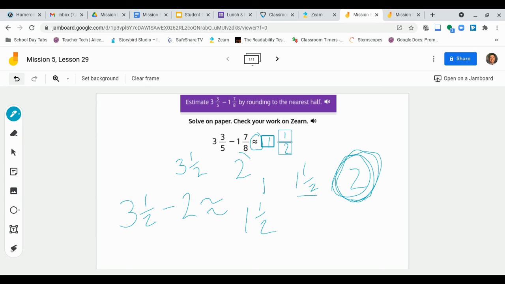For instance, if it was 4 1/4, we'd want to just round it down to 4, because we're not even at half yet. So again, do you round it down, do you round it to the half, or do you round it up to the next number? And then just solve the addition or subtraction problem. That's what we are doing for this lesson. You're just going to have to use some common sense here. You're going to have to think about your benchmarks and round to that nearest number.